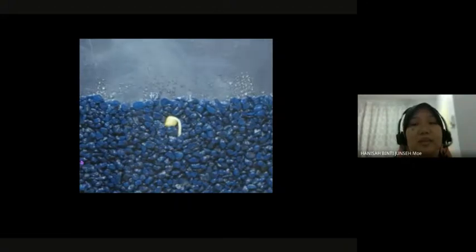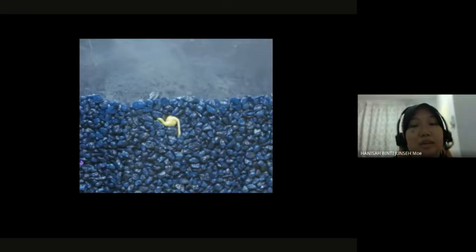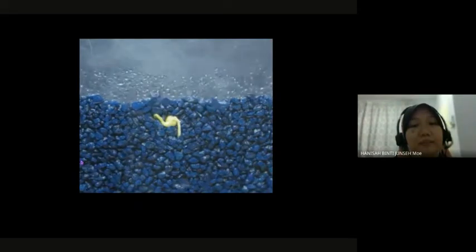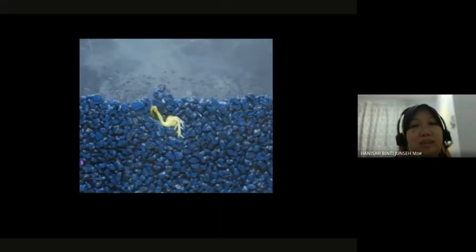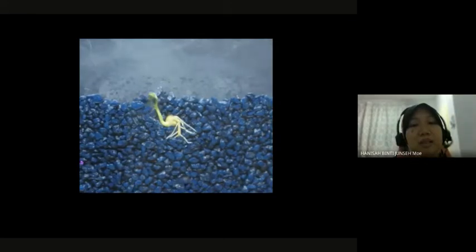It already grows, shows a growth, and it grows downwards. And then there's a shoot coming out, and then it will grow upward. Why is that? Because of the auxin. Nanti dah ada leaf and ada now the formation of root cells.